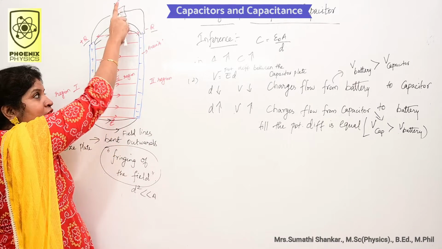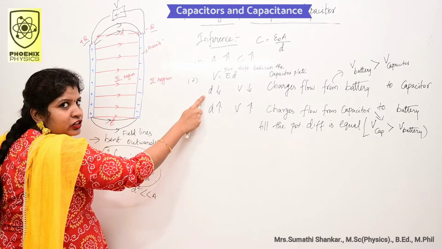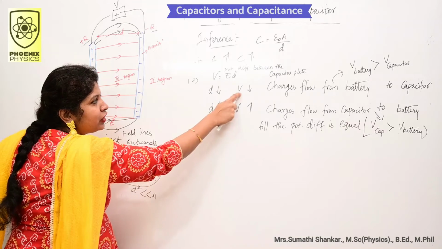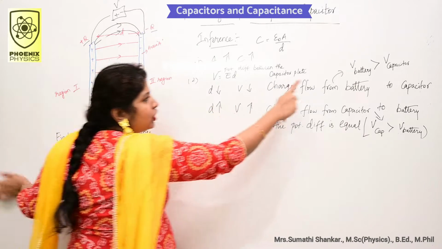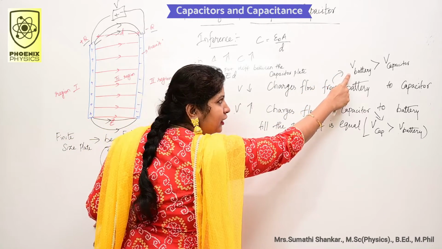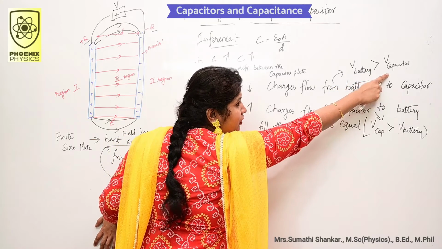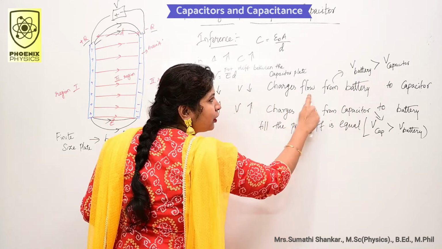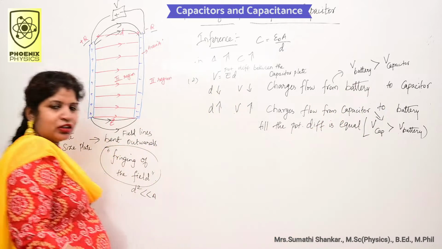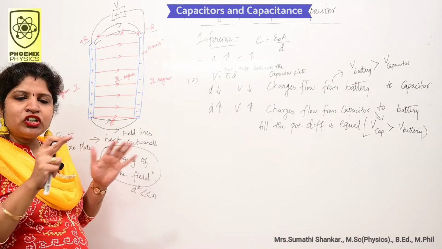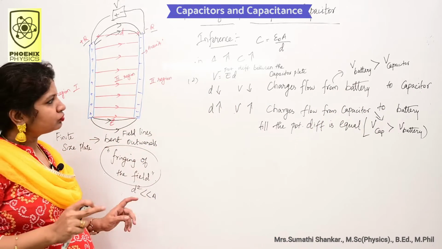That is V. In this first condition, that is D decreases means V decreases. So the battery's potential difference is greater than capacitor's potential difference. So charges flow from battery to capacitor till the potential differences are equal.